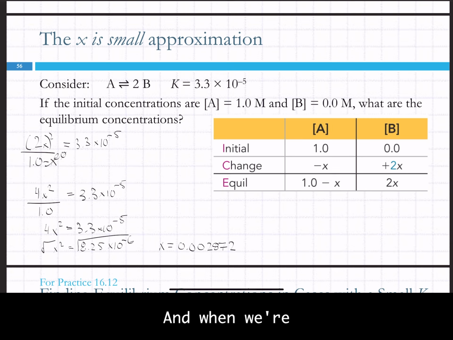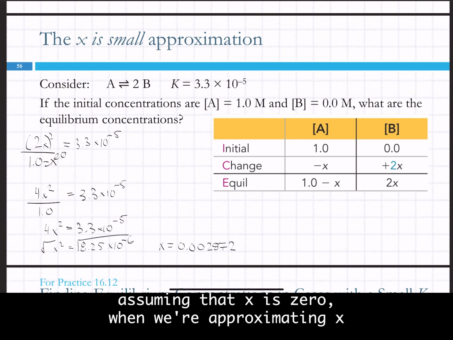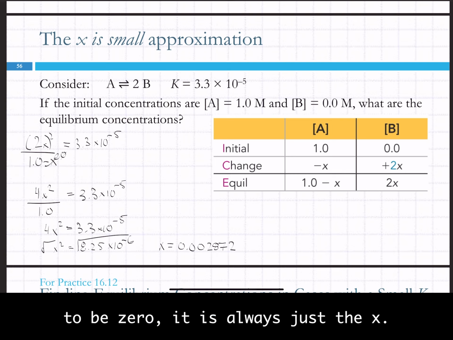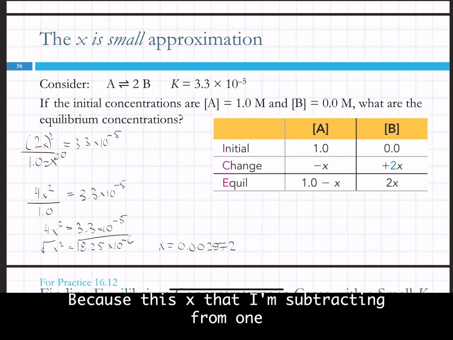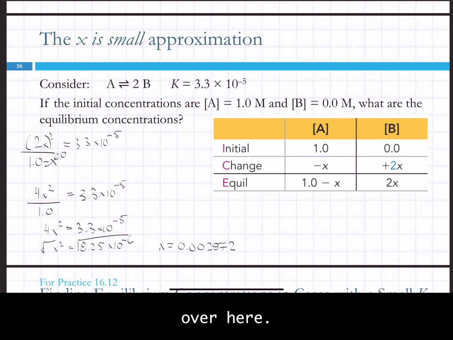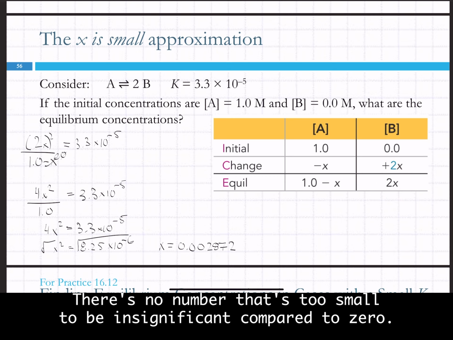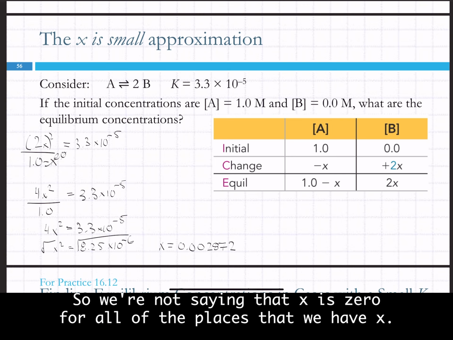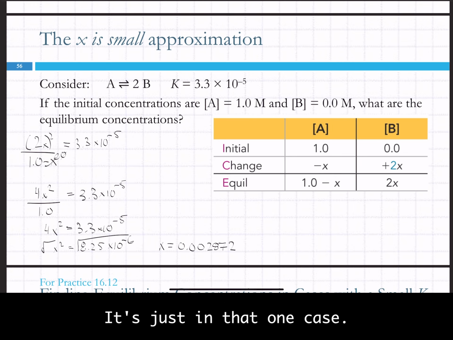When we're approximating x to be 0, it is always just the x that's being subtracted, right? Because this x that I'm subtracting from 1, compared to 1, is approximately 0. Over here, I'm adding 2x to 0. There's no number that's too small to be insignificant compared to 0. So we're not saying that x is 0 for all of the places that we have x. It's just in that one case.